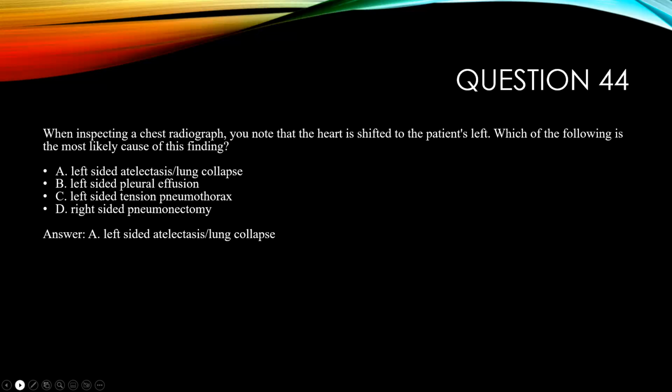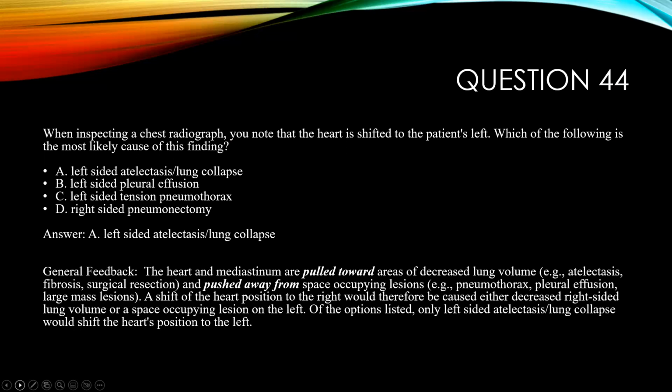Let's look at why. The heart and the mediastinum are pulled towards areas of decreased lung volume, in particular atelectasis, fibrosis, surgical resection, and pushed away from space-occupying lesions, such as a pneumothorax, pleural effusion, and a large lung mass.